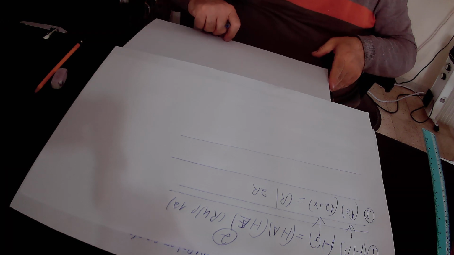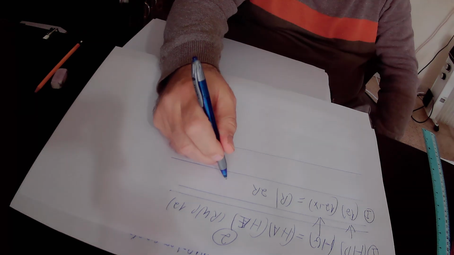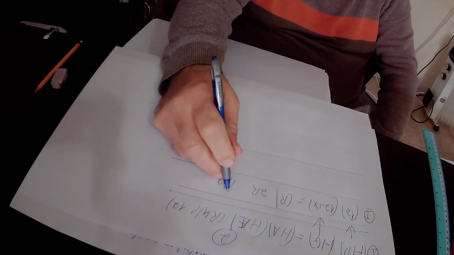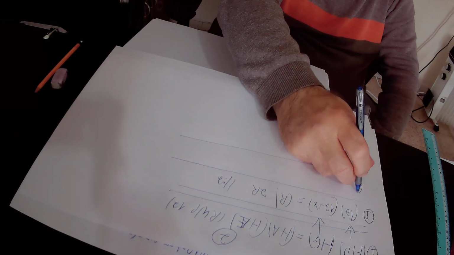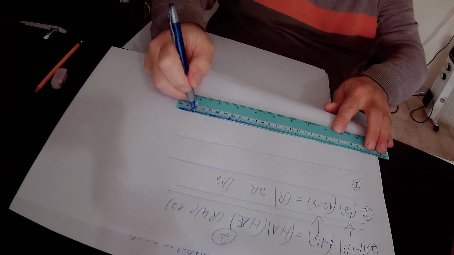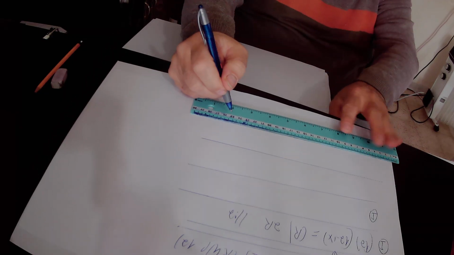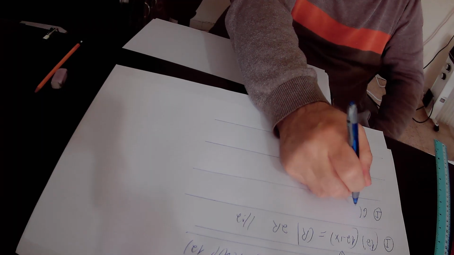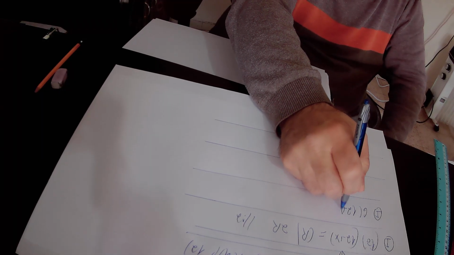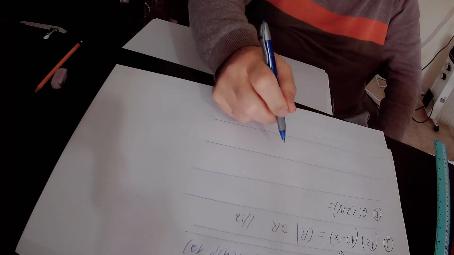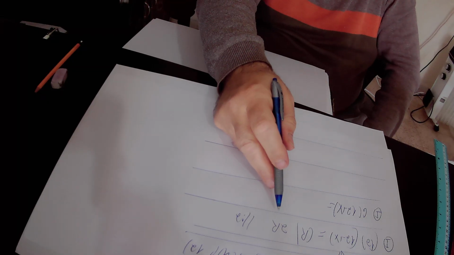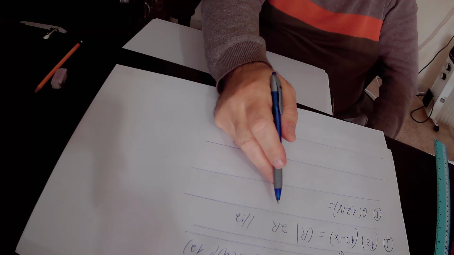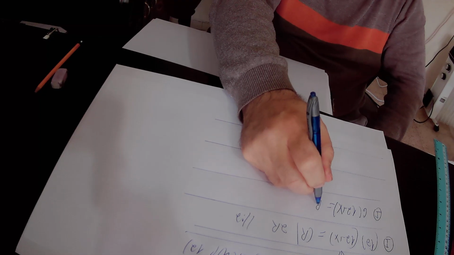Here we divide this equation 1 by 2, and you get that according to equation 1, 12 over 2 is 6, so 6 times 12 plus x equals r times 2r, which is 2r squared, and 2r squared over 2 is r squared.